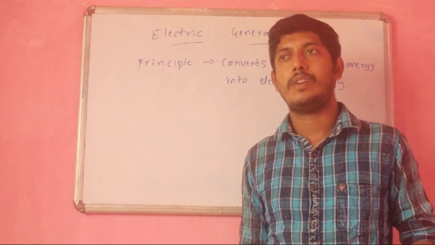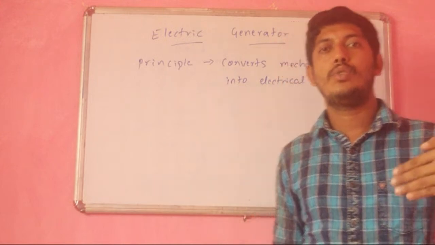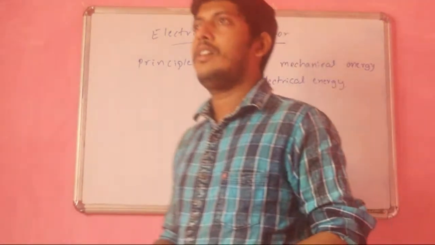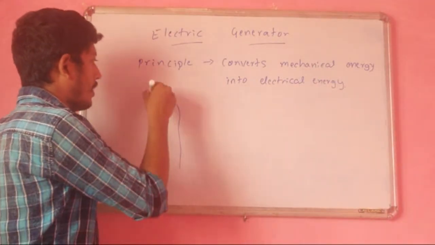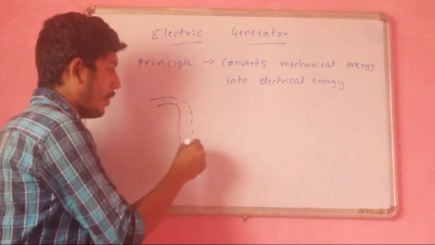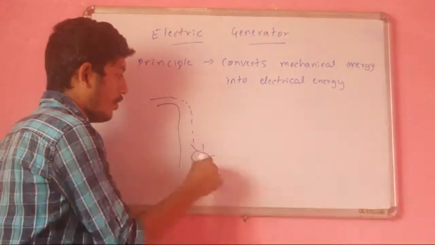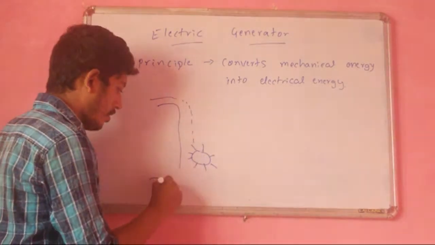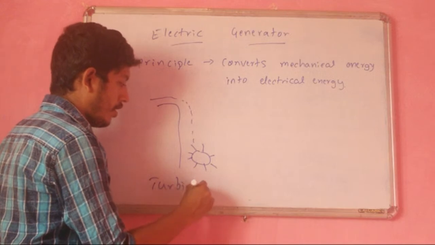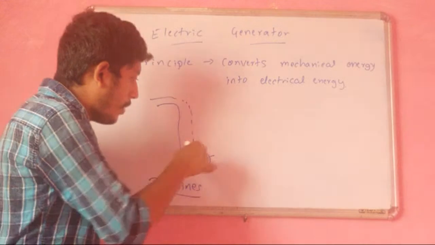For example, consider a waterfall, where water falls from a higher place, a mountain. There is a wheel-like structure known as a turbine.